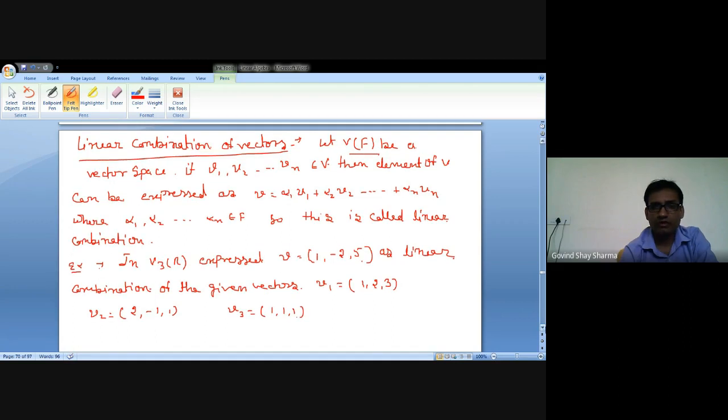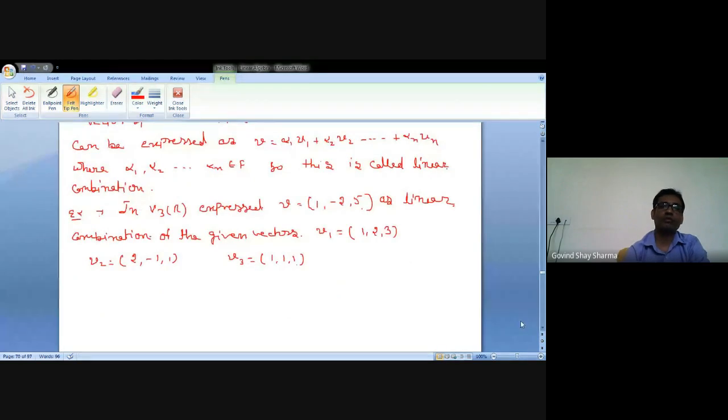So we have to write down v in the form of linear combination of v1, v2, v3.